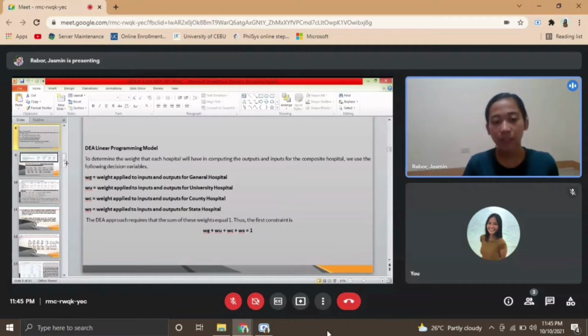WC, weight applied to inputs and outputs for county hospital. WS, weight applied to inputs and outputs for state hospital. The DEA approach requires that the sum of these weights equal 1. Thus, the first constraint is WG plus WU plus WC plus WS is equal to 1.